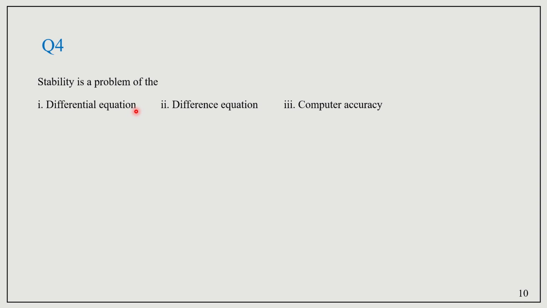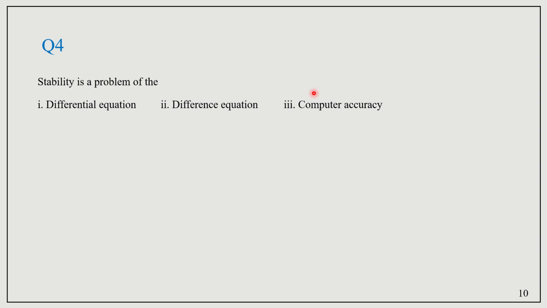In the next question, what is being asked is: stability is a problem of the dash, and the options given are differential equation, difference equation, computer accuracy. We'll look at the options first.